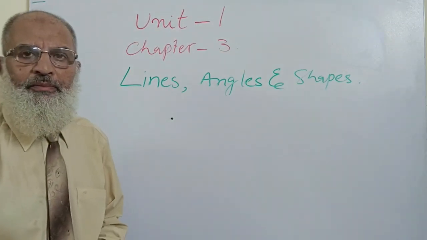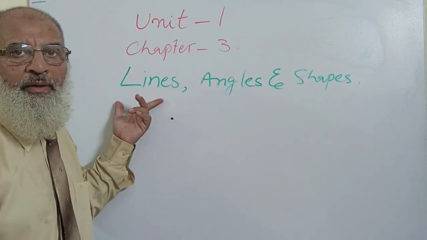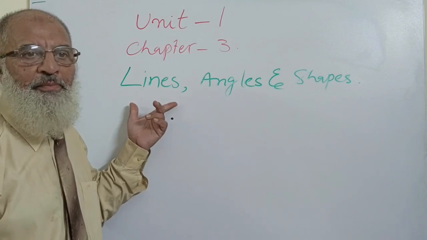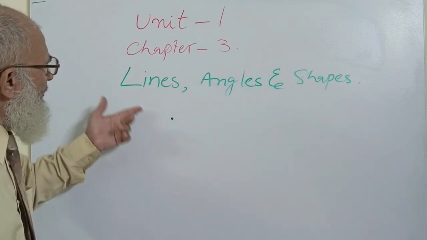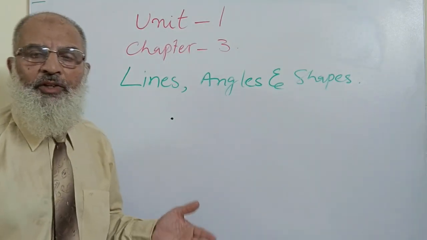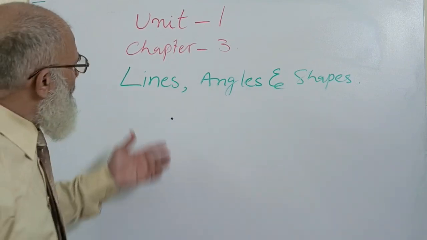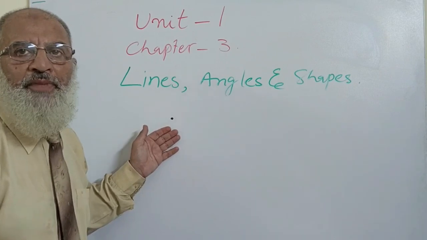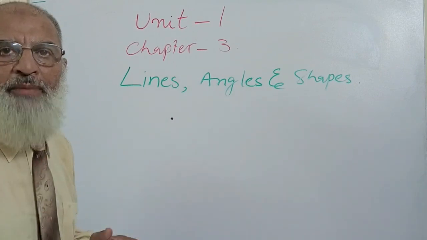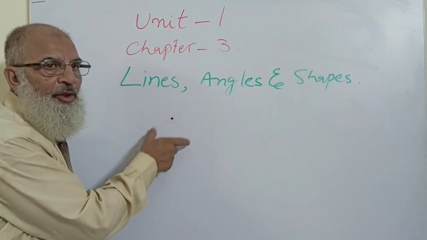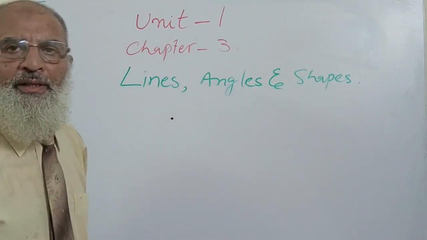Now I told you that I'll start from lines, but prior to lines, we have come across a term, point. What is a point? A point is a geometrical figure which has no dimension, or you can say it has no width, no length, no breadth. It's just a point.